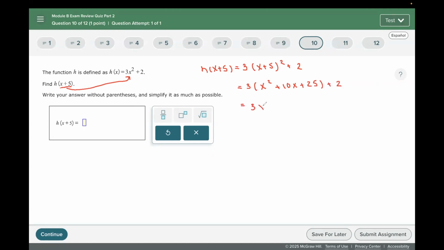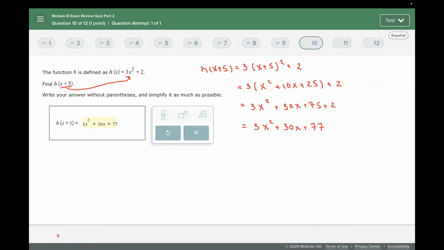So then this is 3x squared, I'm just distributing the 3 now, plus 30x plus 75 plus 2. And this is 3x squared plus 30x plus 77. Very good. Right, so we have 3x squared plus 30x plus 77.